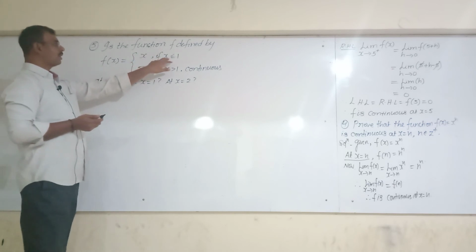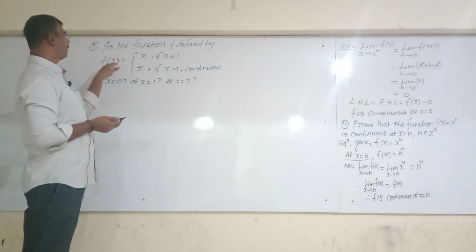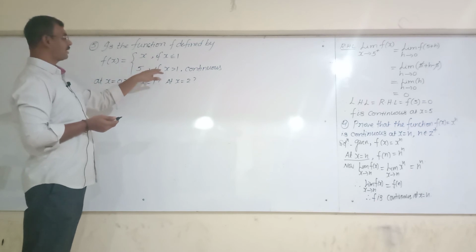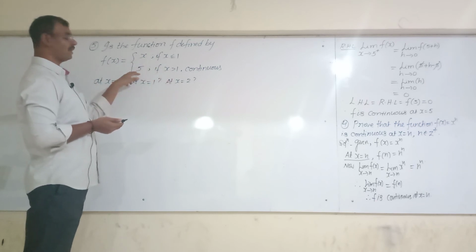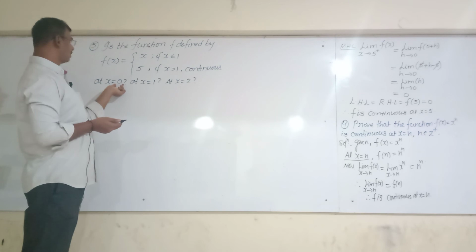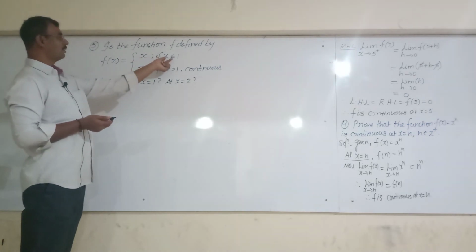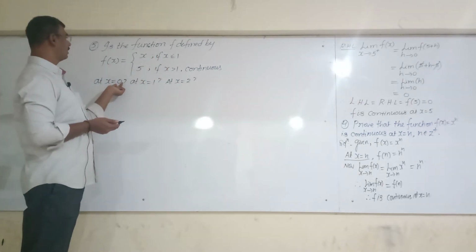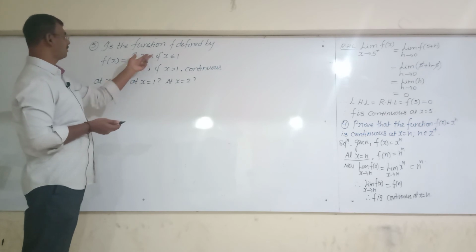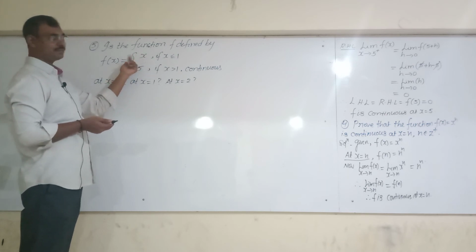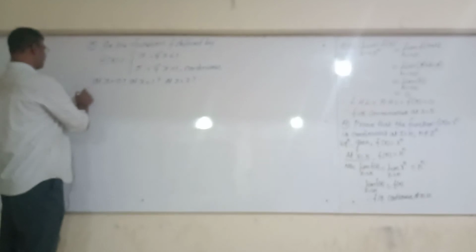When x is smaller than or equal to 1, f of x is x. When x is more than 1, it is 5. So here 0, is it smaller than 1? Yes. At x equal to 0 it is the same function everywhere. Okay, so let us see.